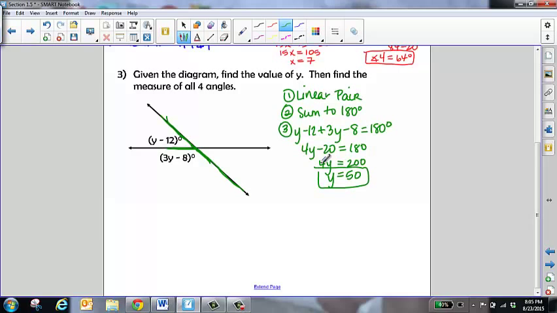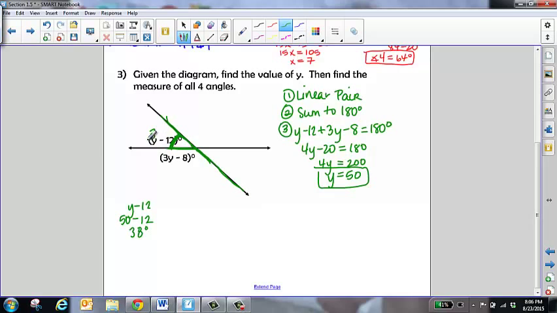Then it says to find the measure of all 4 angles. So we have to take that y equals 50 and substitute it in. So this angle up here, if we take y minus 12 and substitute in 50, so 50 minus 12, what is that going to end up giving us? That's going to give us 38 degrees.